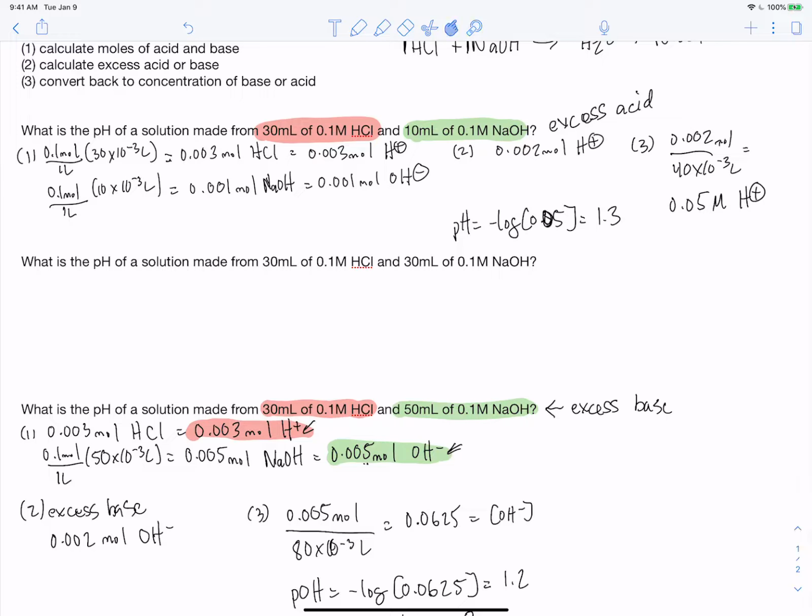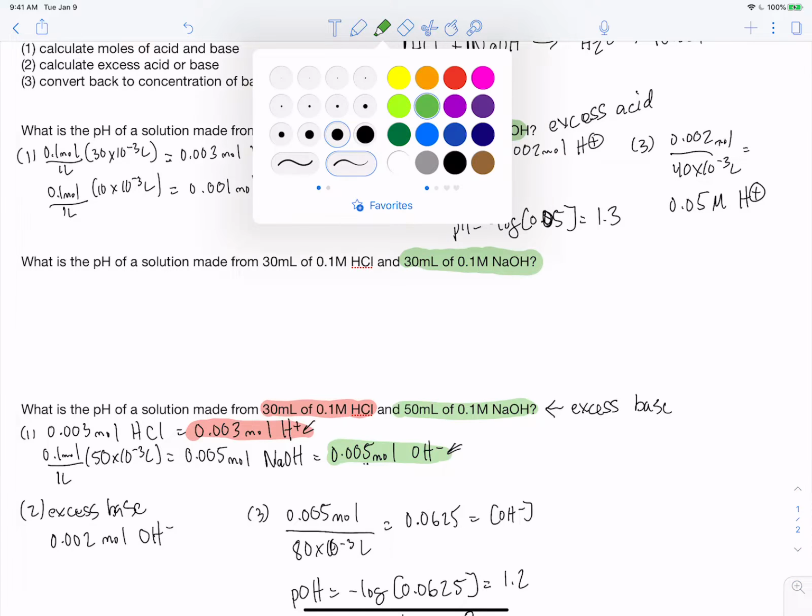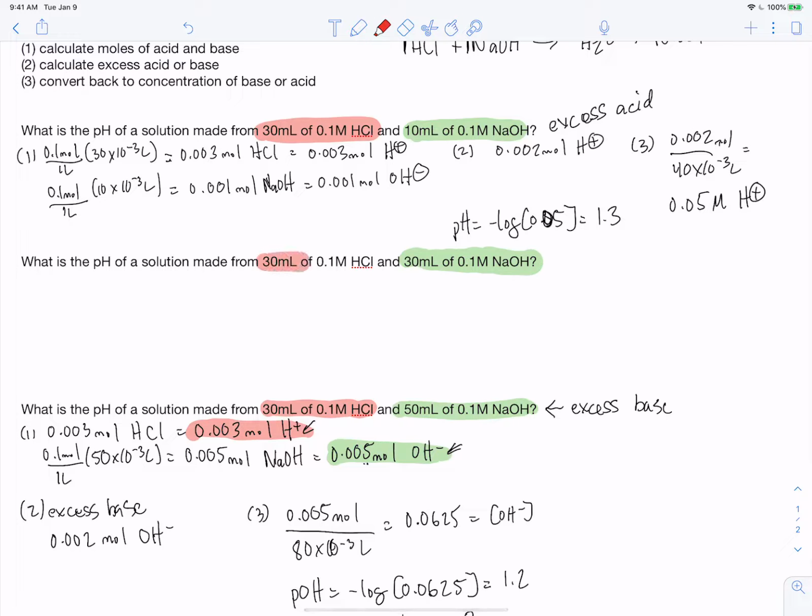In the middle part here, you notice this is a special situation where I have some amount of acid and some amount of base, and they're exactly equal. So I have 30 mils of 0.1 molar HCl.